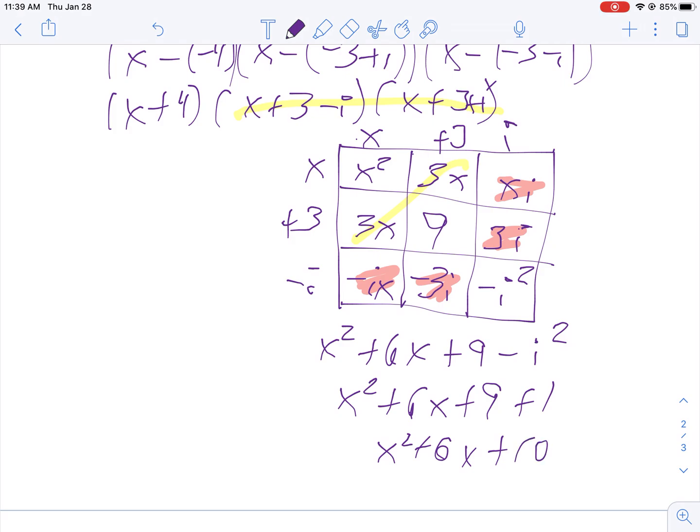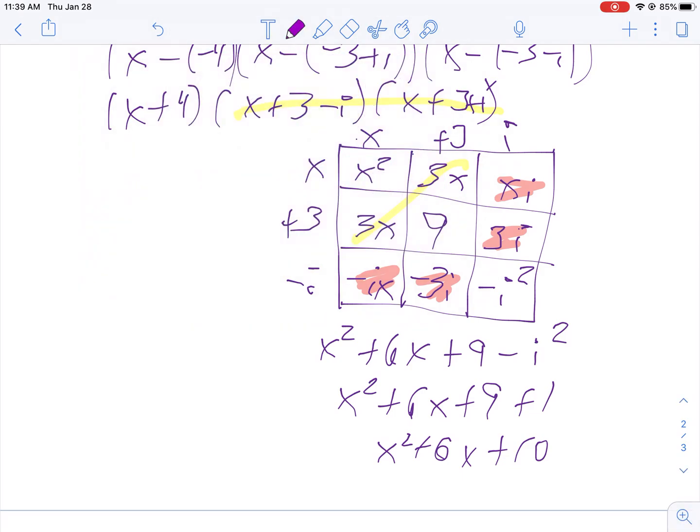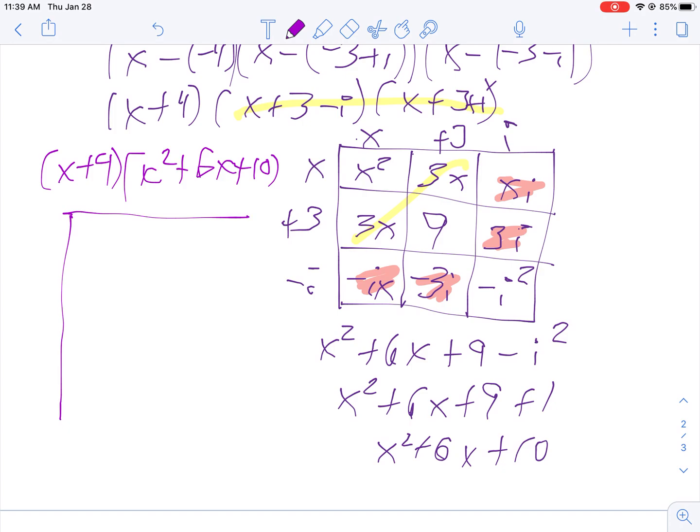Now, I'm going to take that answer and multiply by x plus 4. So I'm going to change colors here. I'm going to take x plus 4 times x squared plus 6x plus 10. I'll use the box method here also.